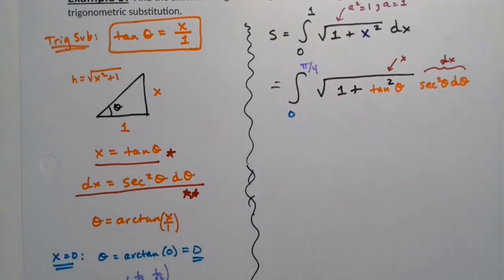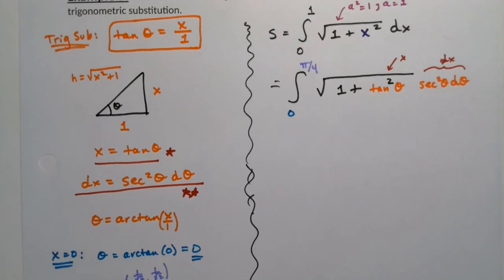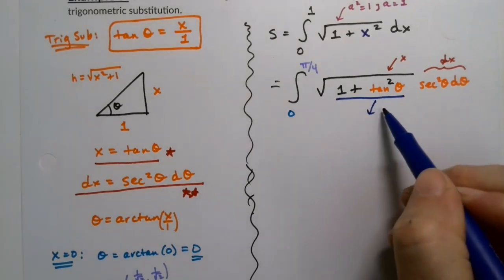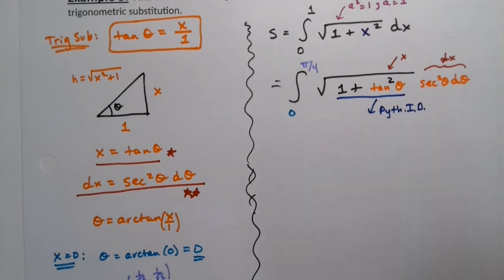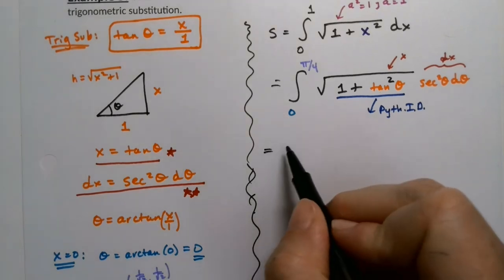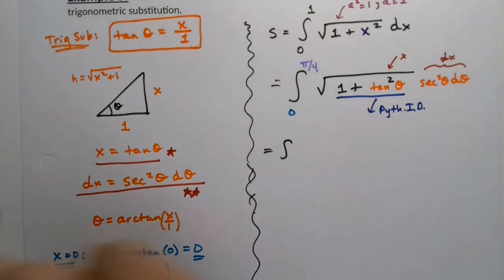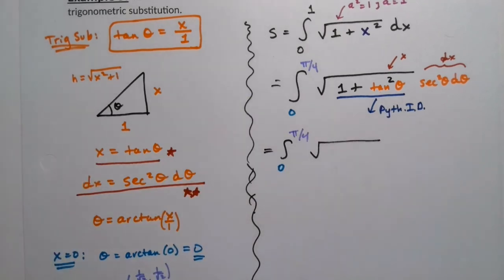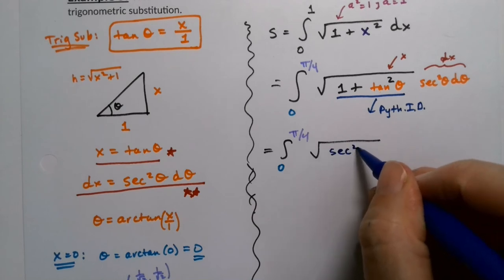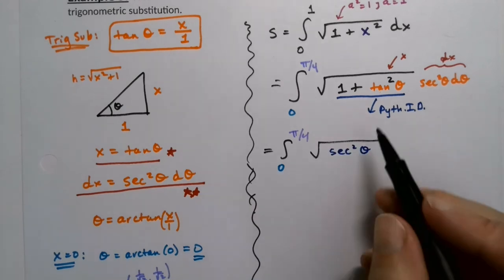Okay, so now, I don't know about you, but I'm thinking Pythagorean identity, right? Because 1 plus tangent squared, that's Pythagorean identity. That's secant squared. So let's see here. This is the integral from 0 to pi over 4 of the square root of secant squared of theta, with Pythagorean identity.